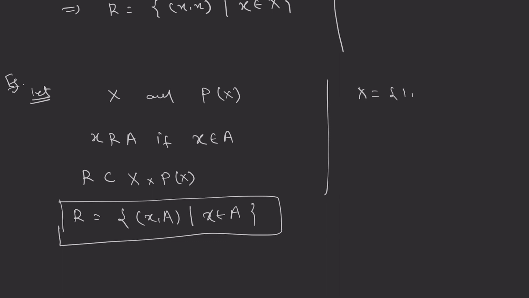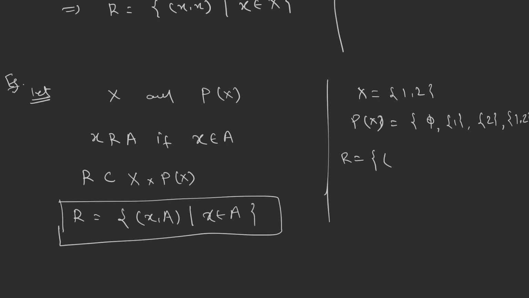X equal to {1, 2}. What is the power set of X? It will be {∅, {1}, {2}, {1, 2}}. Okay, now what R will be?